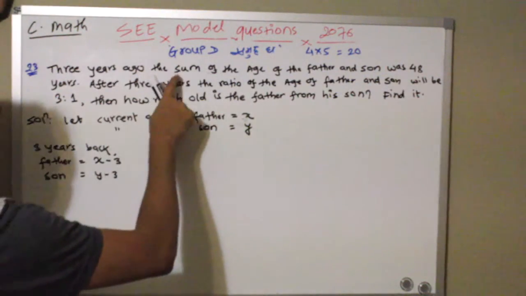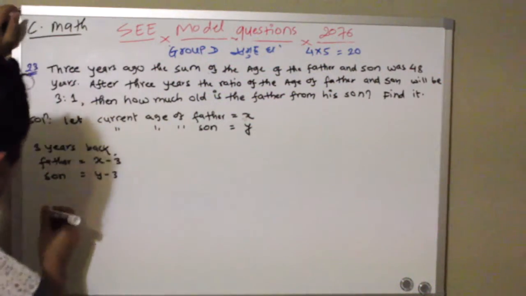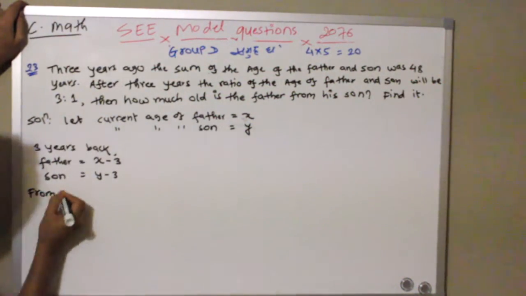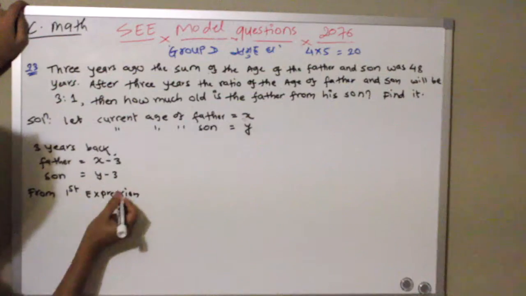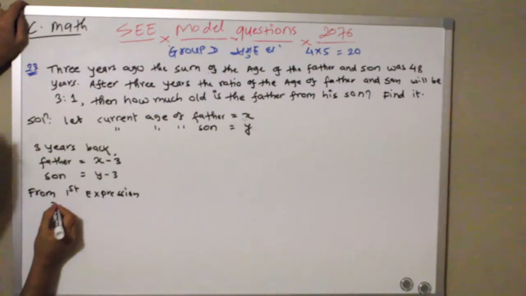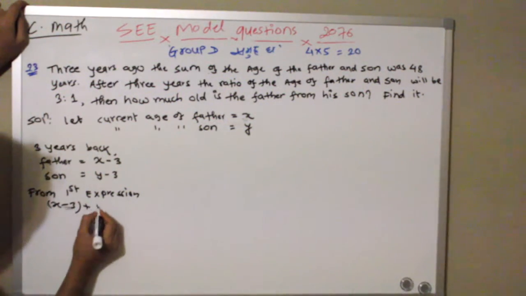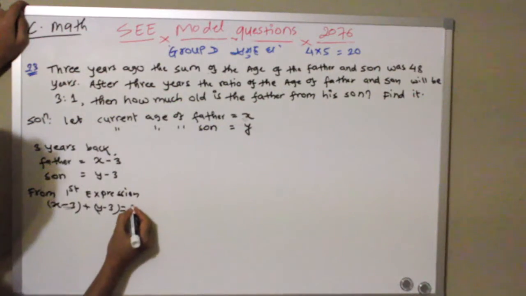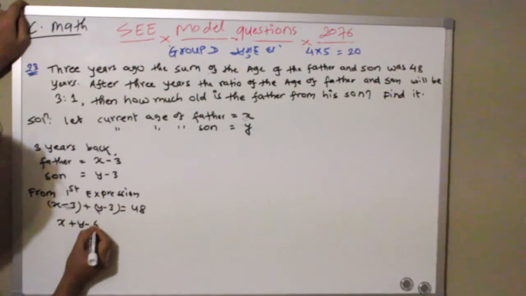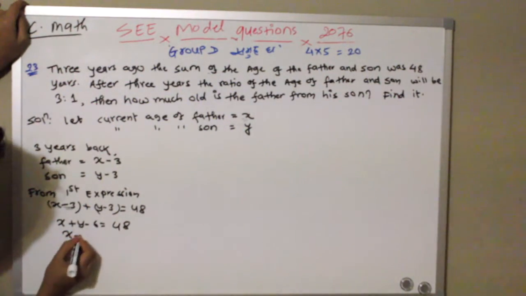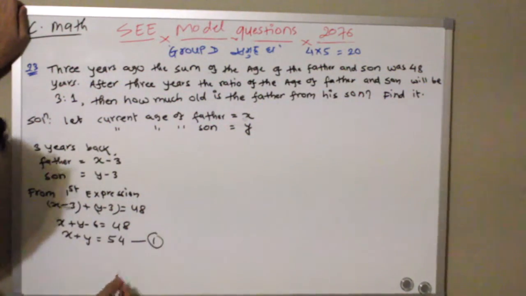The sum of the father's age and son's age was 48. So X minus 3 plus Y minus 3 is 48, so X plus Y minus 6 equals 48, which gives X plus Y equals 54. This is equation first.